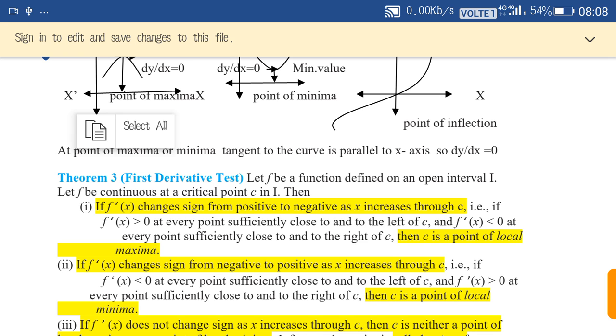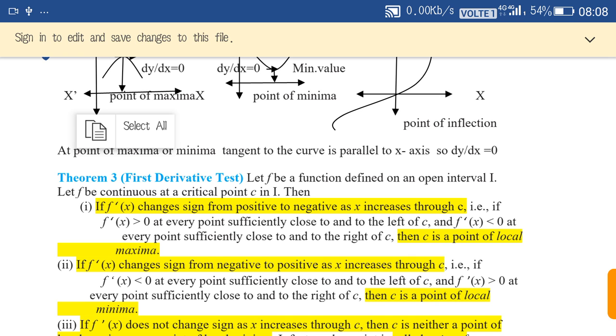First we differentiate the given function to get f dash x. If f dash x changes sign from positive to negative as x increases through c, it means the function is increasing and after that point the function is decreasing. So we say that this is the point of maxima.